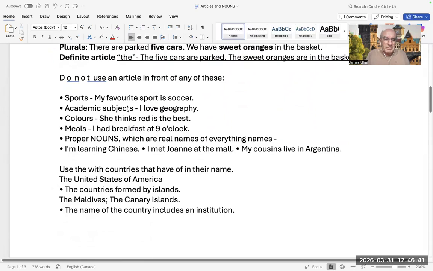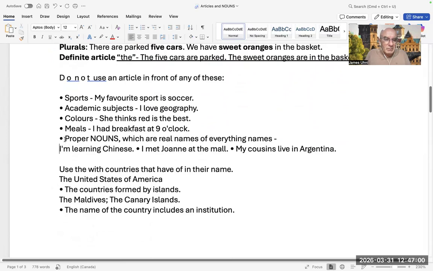Sports, academic subjects, colors, meals, proper nouns, which are real names of everything, names. So, for example, this should be different.